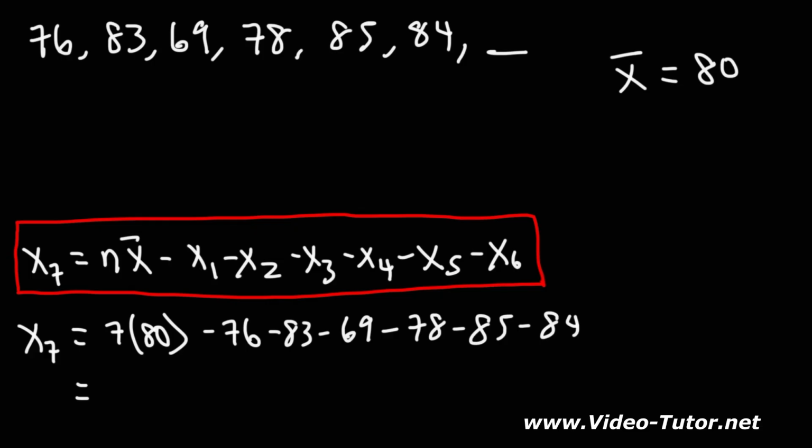So it's 7 times 80 minus those 6 numbers. And the score that he needs on the 7th exam is 85. If he can score an 85, he will have a test average of 80. So that's a quick and simple way to figure out the score that you need on the next exam to get a certain average of those test scores.